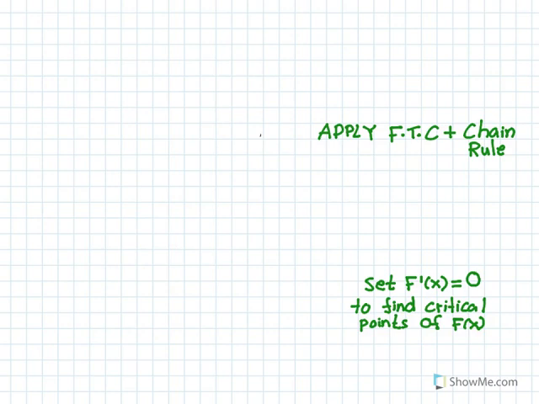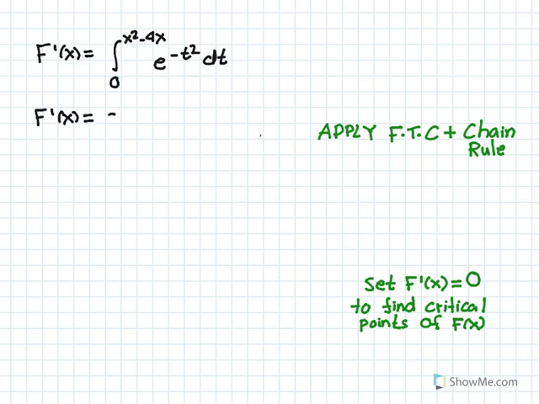All right, let's do that. So what we have is F prime of x, F prime of x is equal to d/dx of the integral from 0 to x squared minus 4x of e to the minus t squared dt.